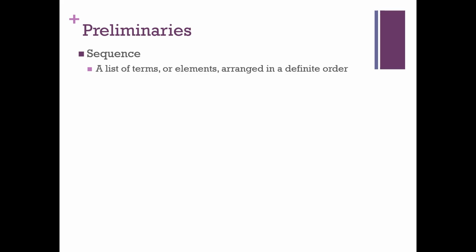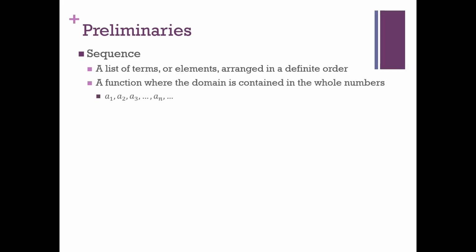Sequences are a lot more restrictive. The outputs can be pretty much anything, but the inputs are basically the natural numbers 1, 2, 3, 4. These functions act on positive integers, not just real numbers.